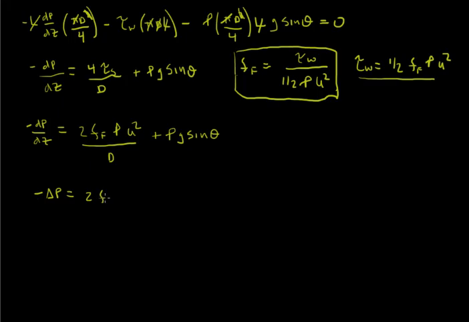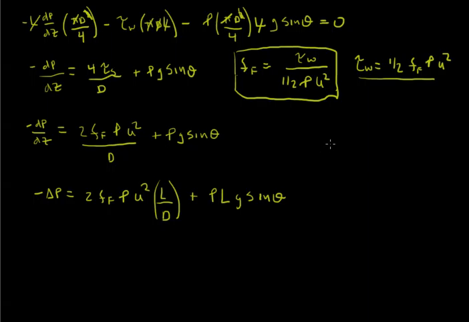So we get 2 times the Fanning friction factor times the fluid density times the average velocity squared, and then we're going to get this L over D term here. And then to that I'm going to add a rho L g sine theta.